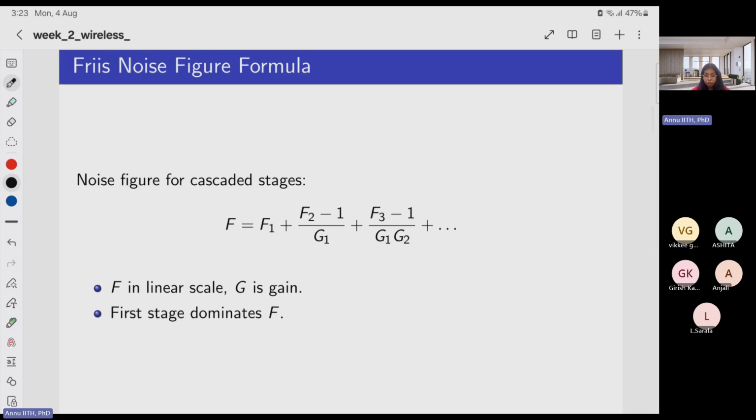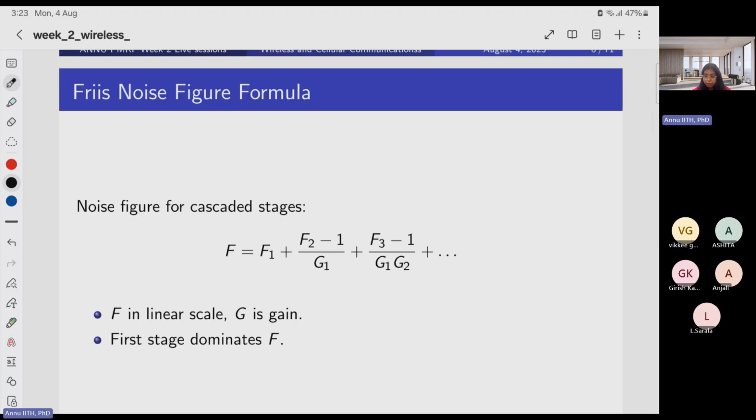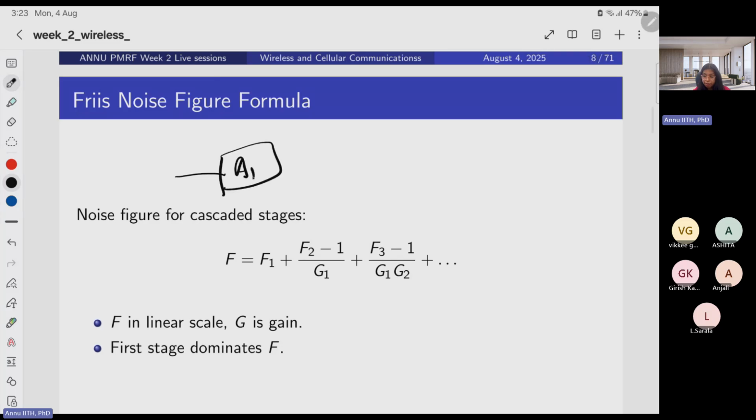Next, the noise figure formula for the cascade. For example, you have amplifier 1, amplifier 2, amplifier 3.